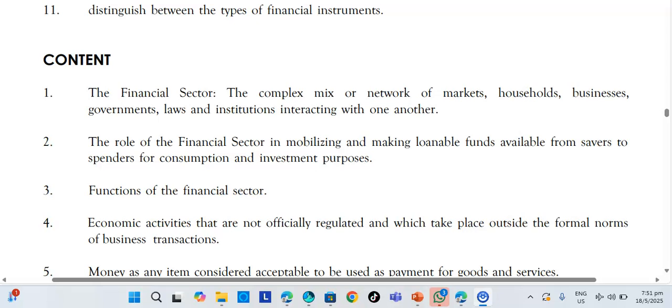Another function of the financial sector is economic stability and regulation. Central banks regulate the financial system to control inflation, interest rates, and money supply.